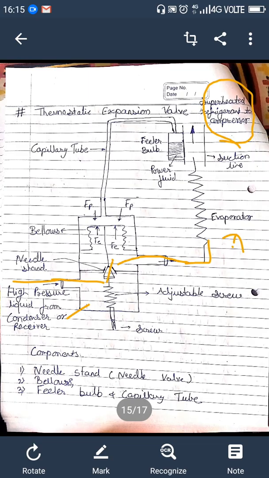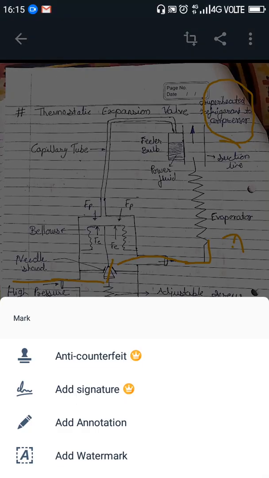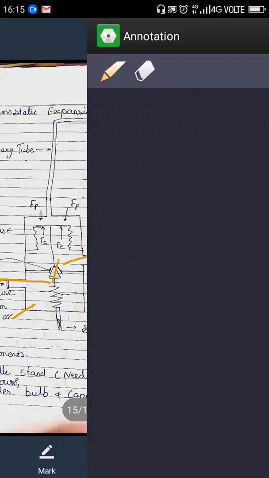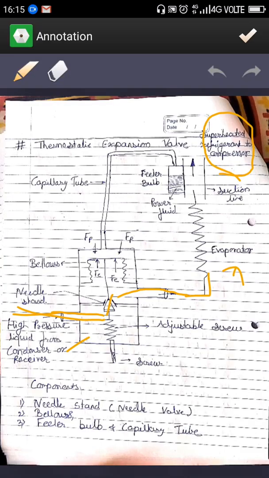Here you can see that when the liquid refrigerant starts entering the evaporator, the temperature of the evaporator decreases. This lower temperature of the evaporator and the vapor is sensed by the power fluid in the filler bulb. As its temperature decreases, the fluid pressure in the filler bulb also decreases.